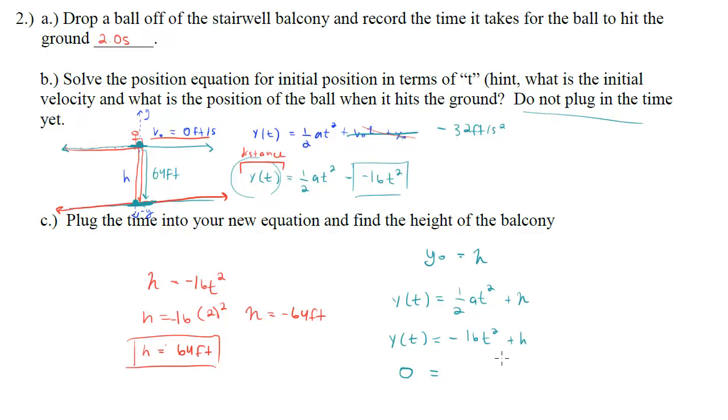At some time given by t, this thing is 0 feet off the ground. Subtract h over, and you get h equals 16t squared, and then h equals 64 once again.